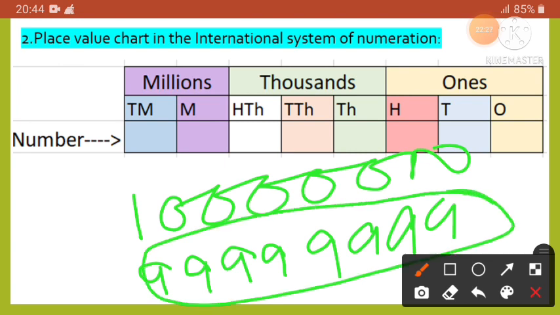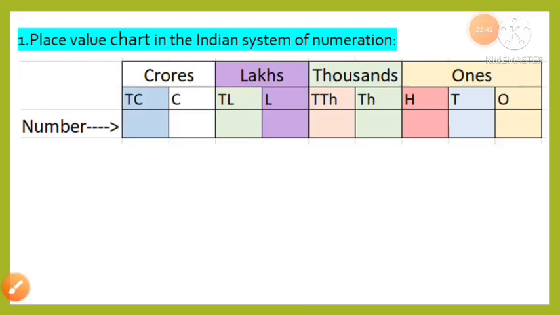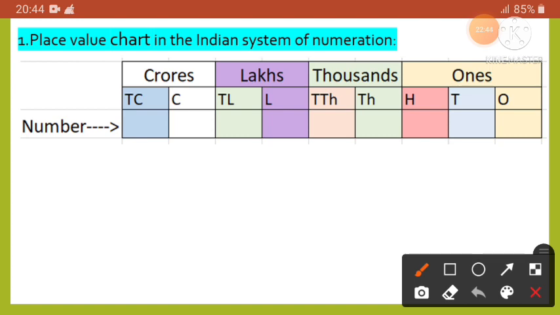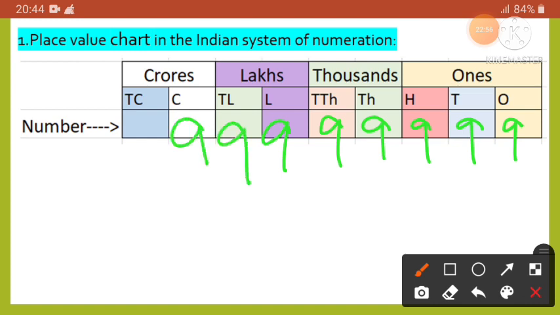Again, if you want to express this number in both types of place value chart, we can put it. Let's try again. The largest 8-digit number is 9 9 9 9 9 9 9 9.